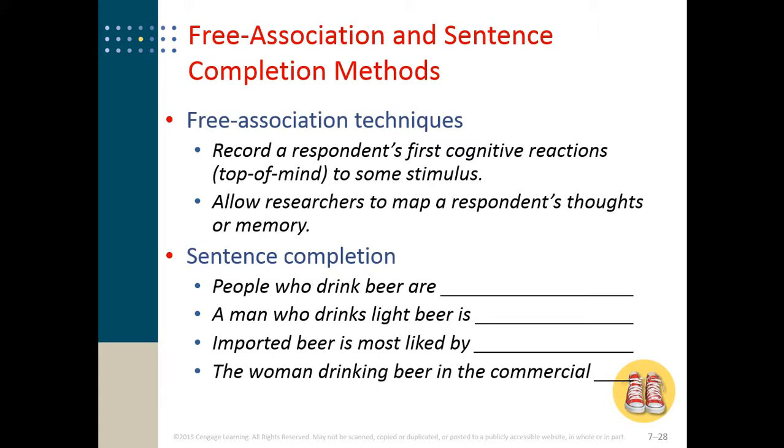For example, you ask your respondent to tell a brand when you say a particular product. You say car, and ask your respondent to immediately tell a brand. You say a soft drink, and ask your respondent to immediately tell a brand. In this way, you get the immediate cognitive response of your respondent.